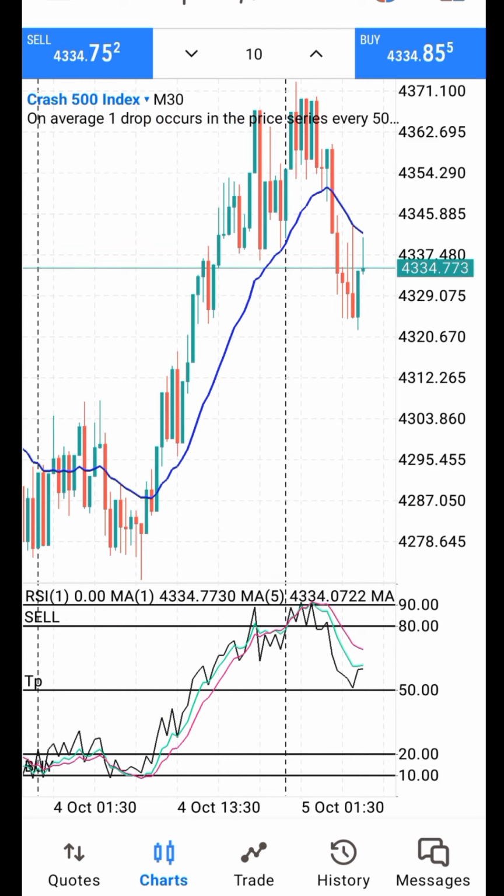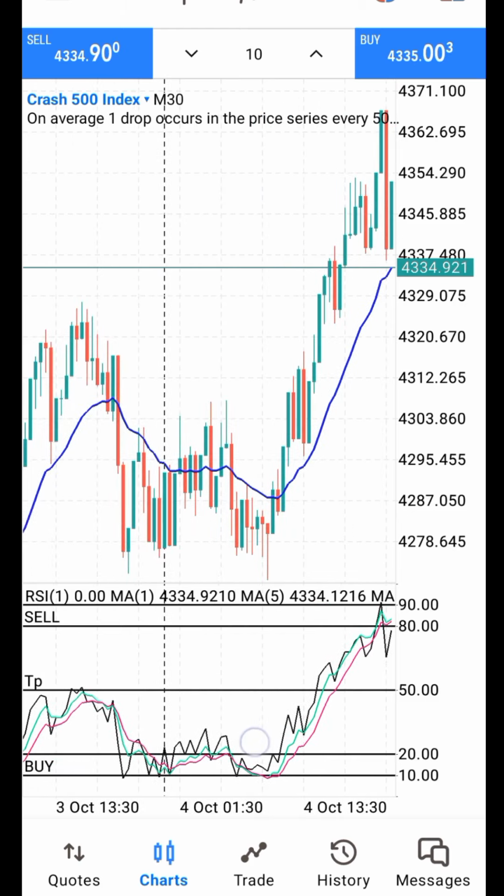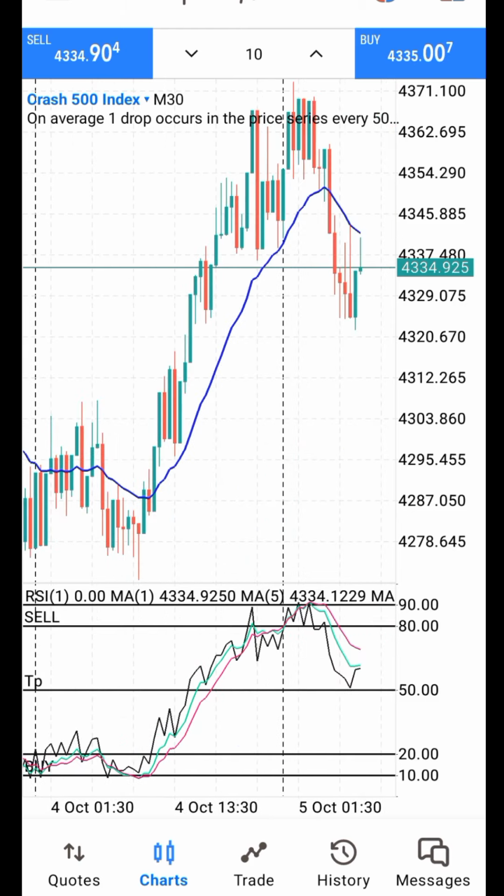People say price action works best. But if you know how to interpret price action with indicators, you are good to go. Some indicators come up at the back end, backed up with price action.